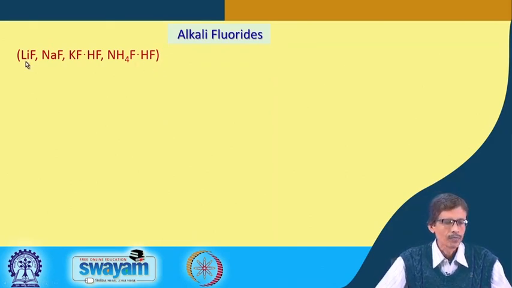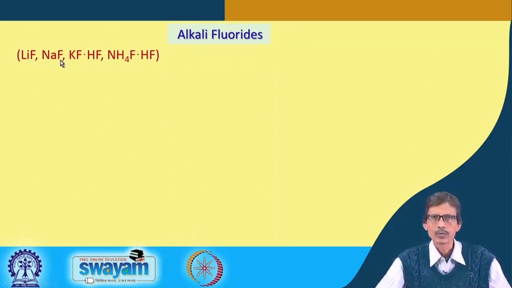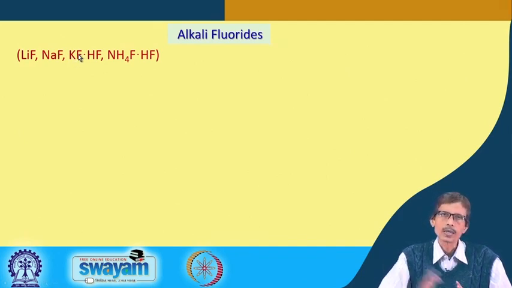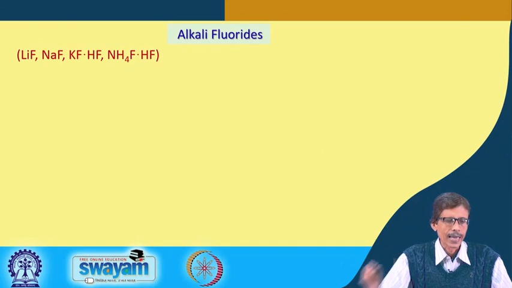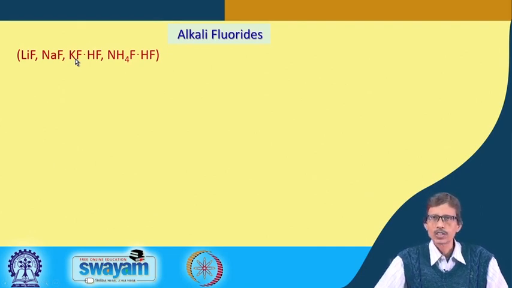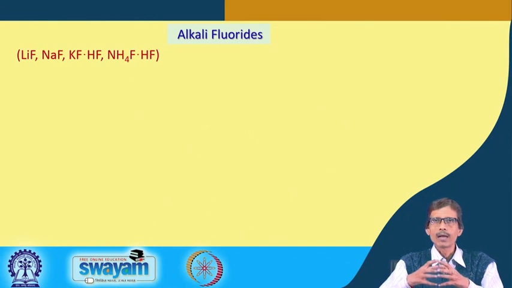So, we can have typically lithium fluoride, sodium fluoride, potassium fluoride, but it can be a bisalt with the free acid, hydrofluoric acid. That means KF.HF. What is that? It is nothing but your KHF2, the bifluoride ion. Instead of the typical fluoride ion, sometimes we find that bifluoride ions are much more stable in the solution medium if protons or an acidic medium is available.